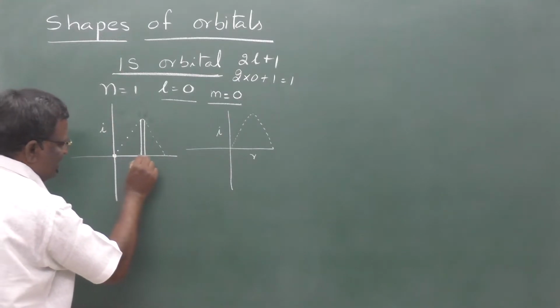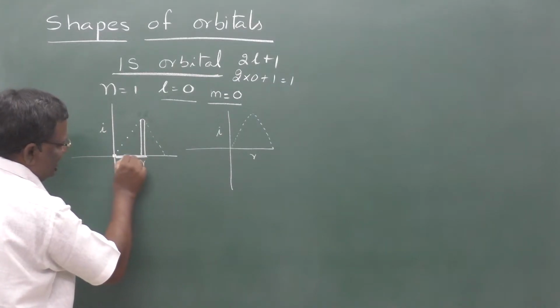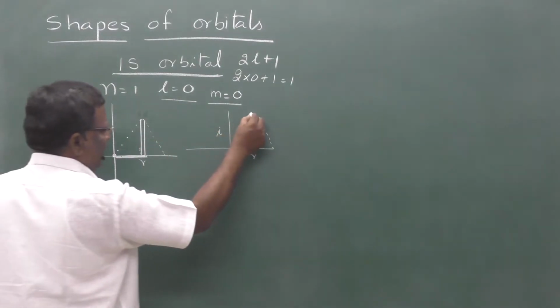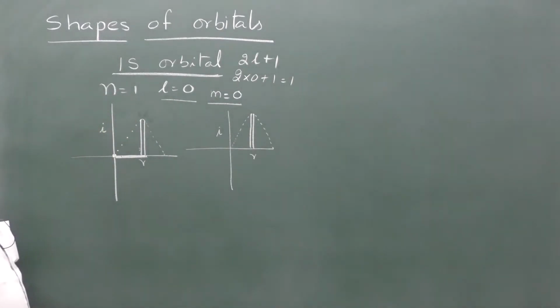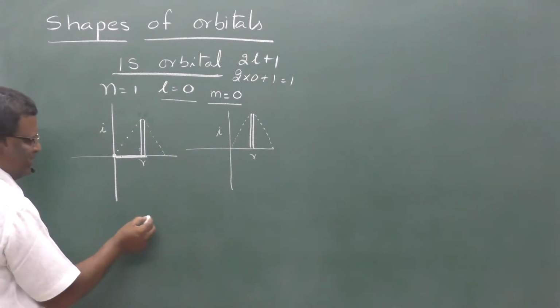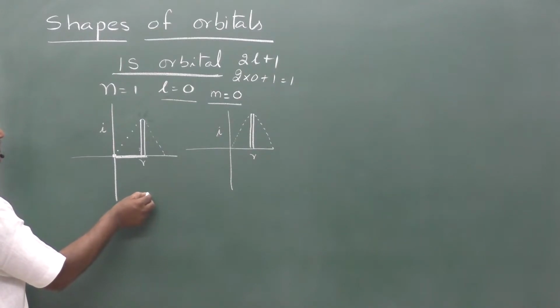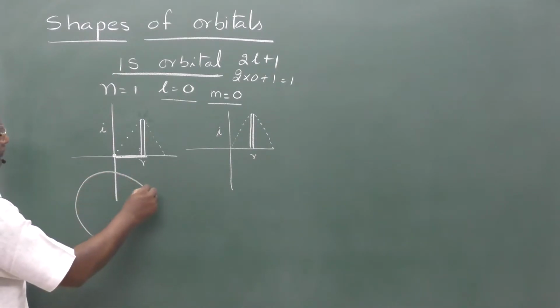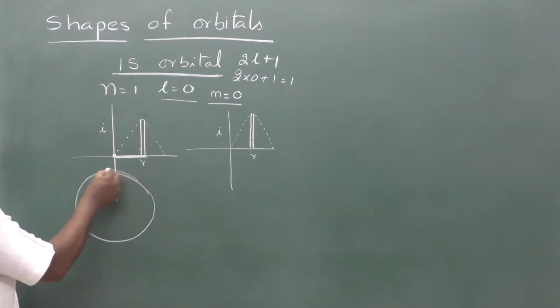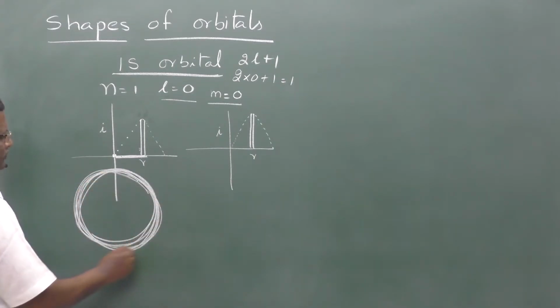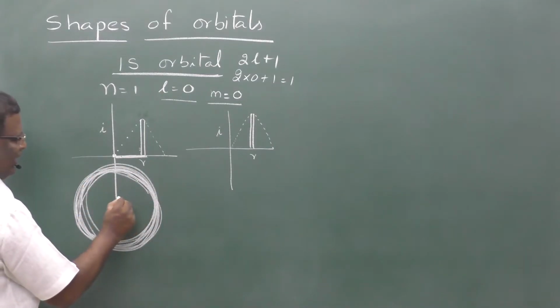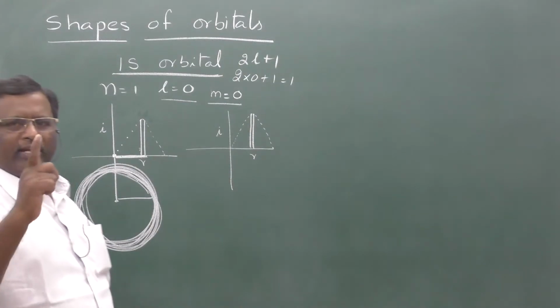Taking this as a radius, because the same thing happened in the y-axis and the same in the z-axis, if I construct a sphere, that sphere will give us the shape of the 1s orbital. That's why we claim that the 1s orbital is spherical in shape.